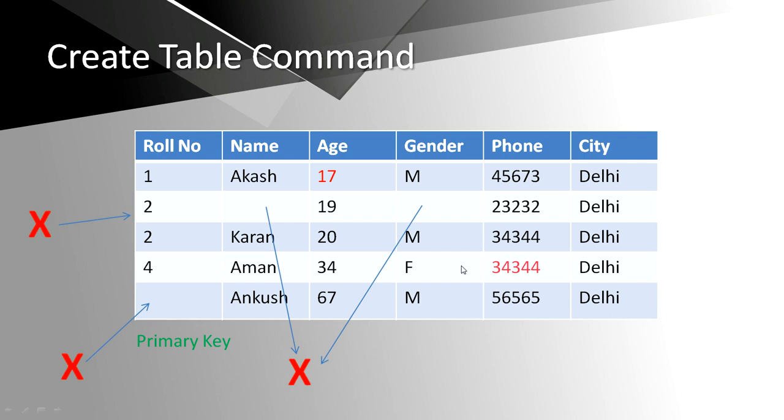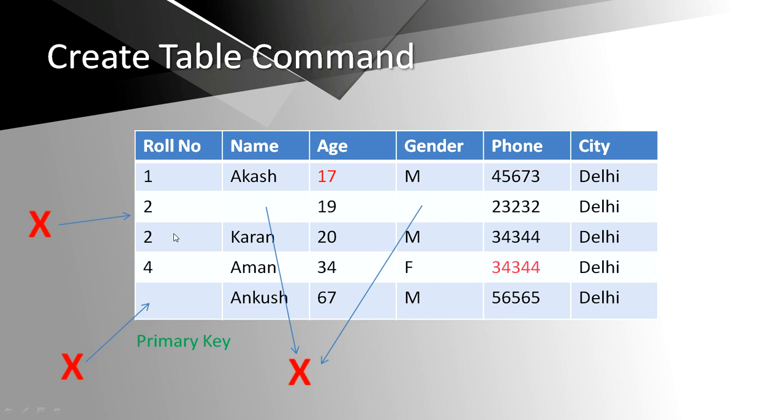So first is the primary key. Primary key is a kind of constraint. In a table, only one column can have a primary key. A primary key column cannot accept duplicate values as well as null values in the records.